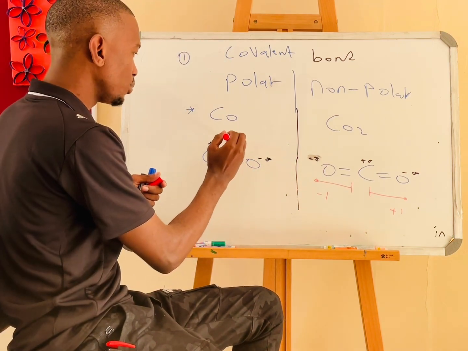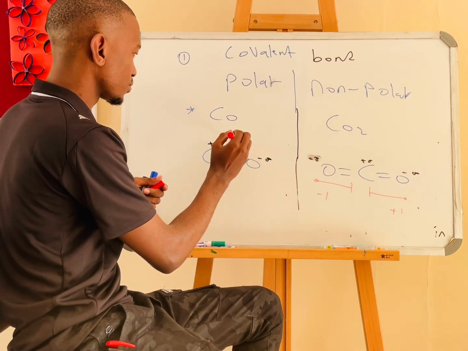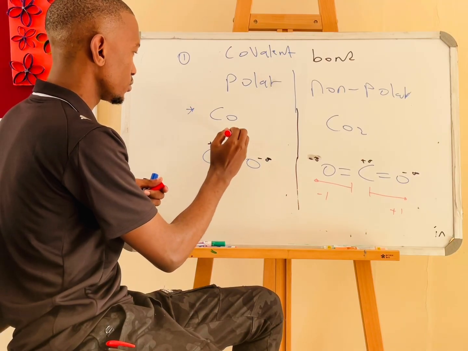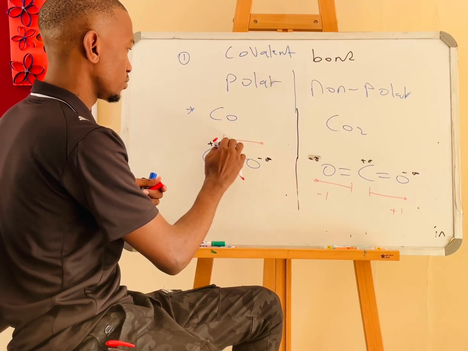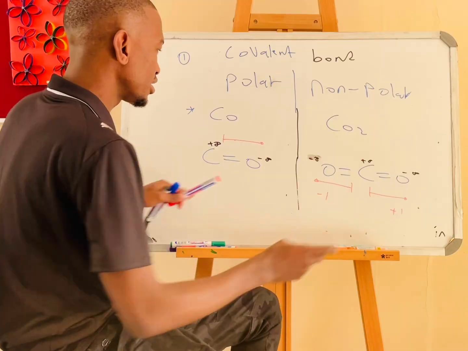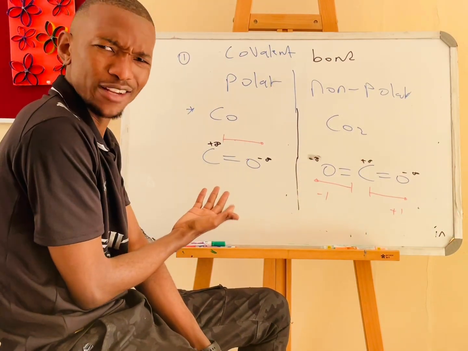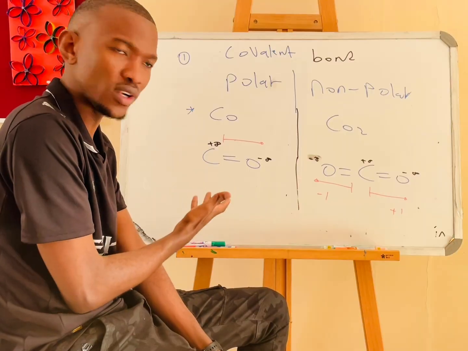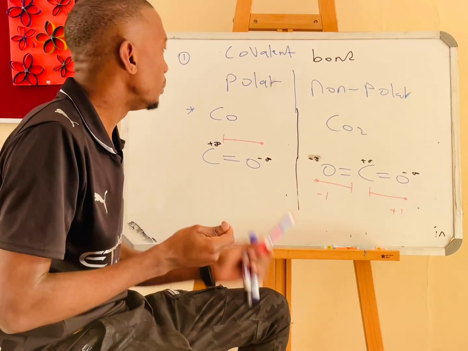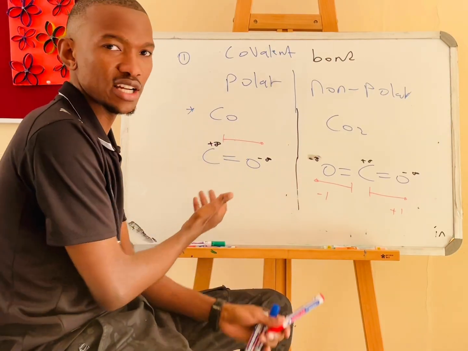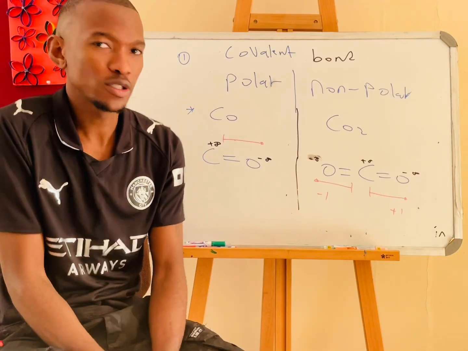Here, this guy is going to pull towards itself like this. See, they are all going in one direction, the electrons. So here, it's like unfair sharing. There's an unequal sharing. Unequal sharing makes a molecule polar. There is a dipole moment there because the molecule is polar.